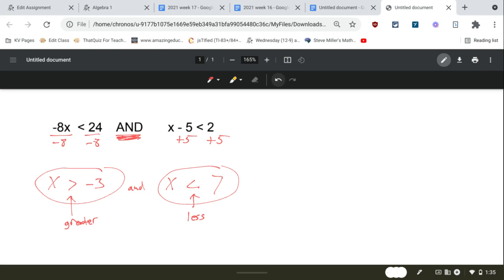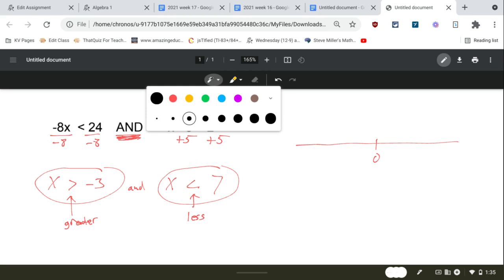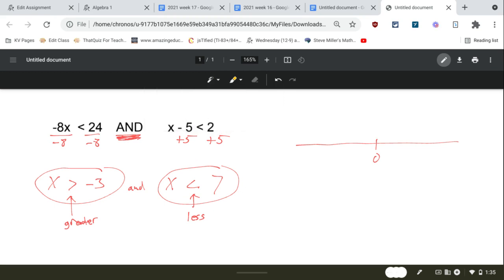As far as graphing it goes, you got your number line as usual, and you just put the right kind of dot at these endpoints. So here at 7, I'm going to do an open dot, and because I want it to be less than 7, I'll go to the left, and then I'll do an open dot at -3 as well.